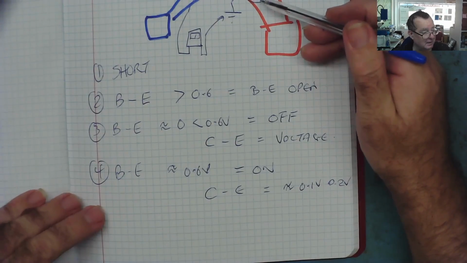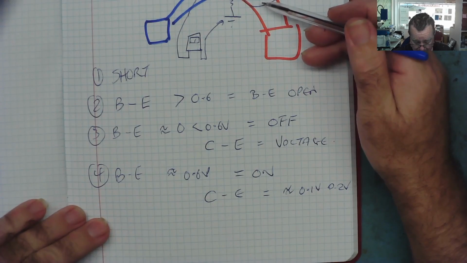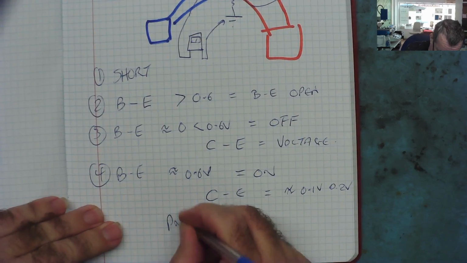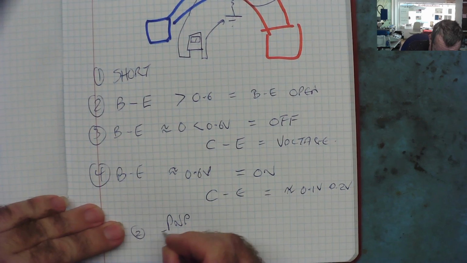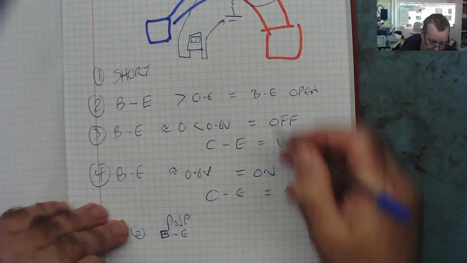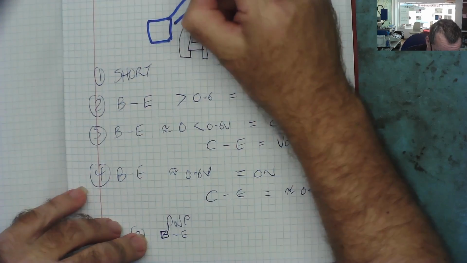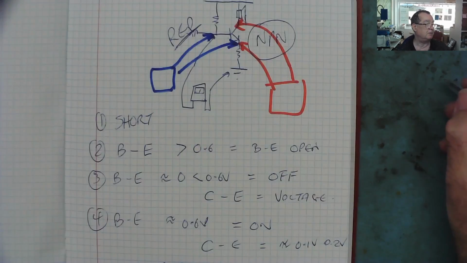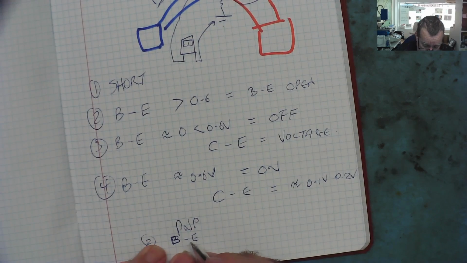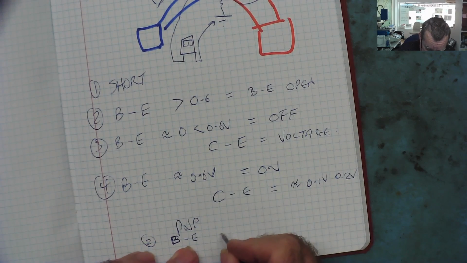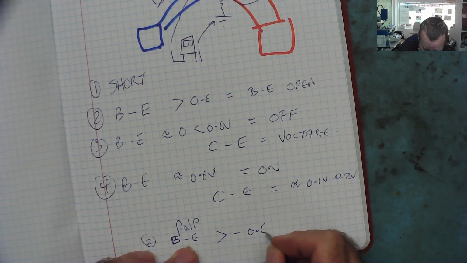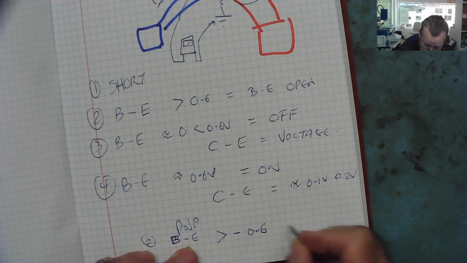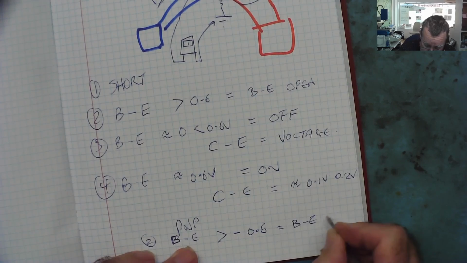Okay, PNP transistors. The same applies, but with PNP. In number 2, base to emitter, this is again with your red lead on the base. Always put your red lead on the base. Base to emitter: if it's more than minus 0.6, minus 1, minus 2, minus 3, base-emitter is open.